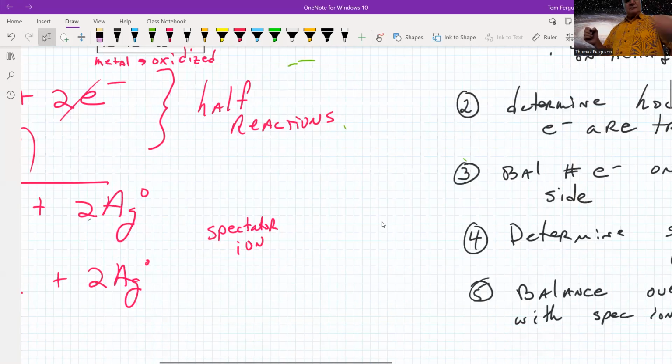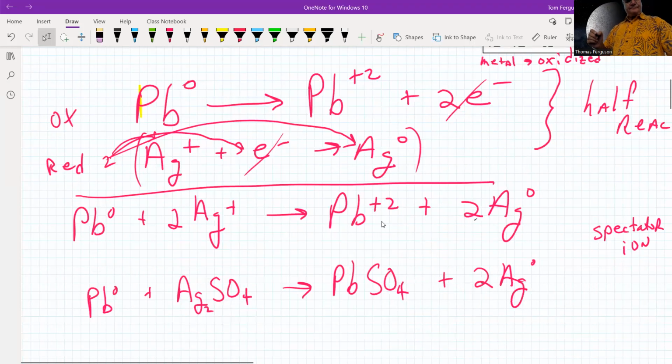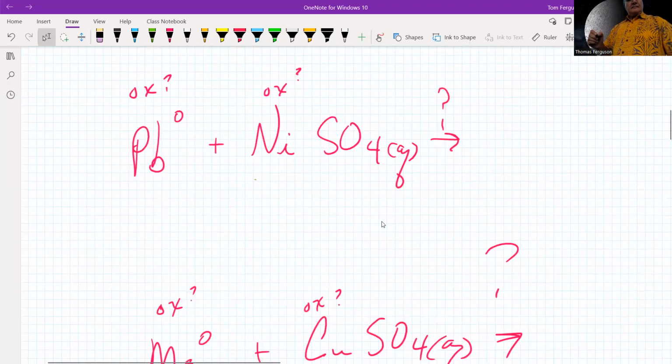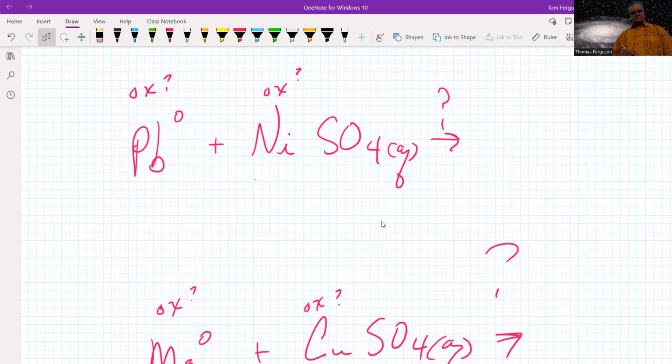Okay, so let's do a lot more examples here. We have lead again. I'm going to throw that into some nickel sulfate. So the question is, is lead above nickel?